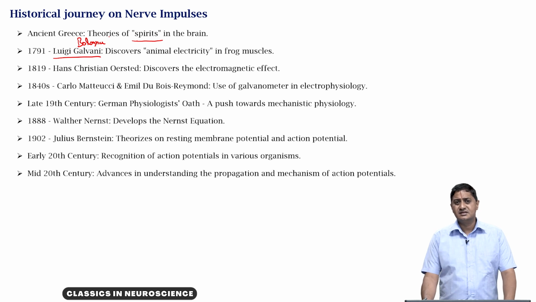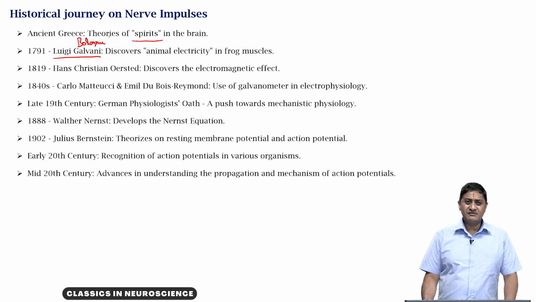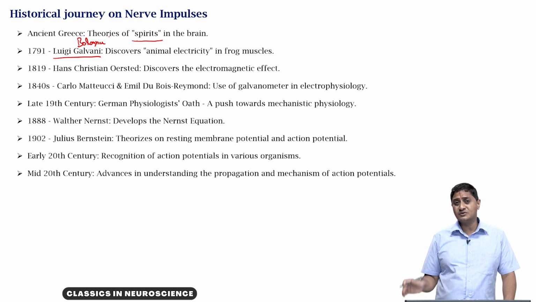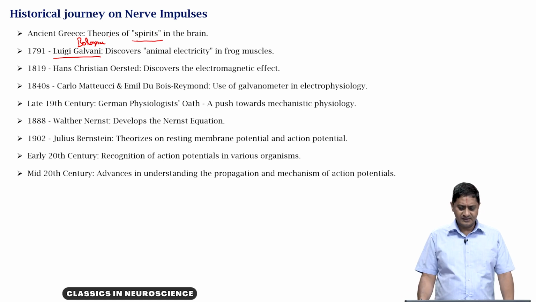That is, electrical impulses travelling through frog nerves and frog muscles were discovered and demonstrated for the first time. This gave rise to the idea that maybe this kind of electric conduction is not restricted to frogs, but also applies to higher animals like humans, and maybe also to plants. People were beginning to think like that.